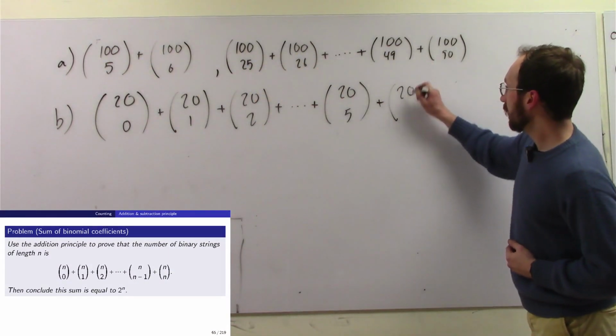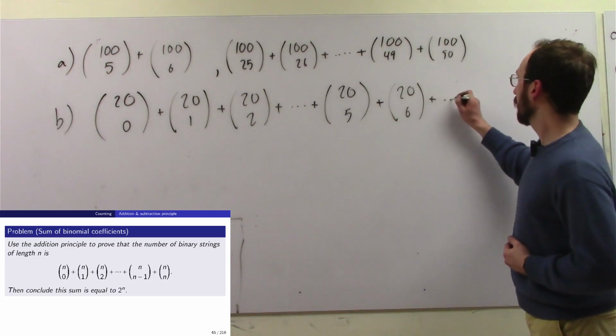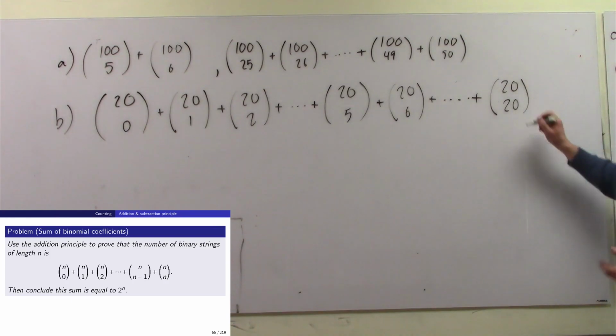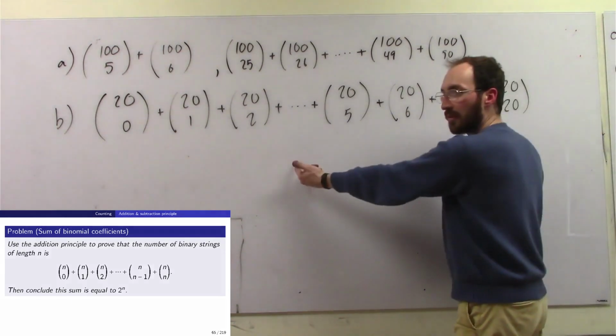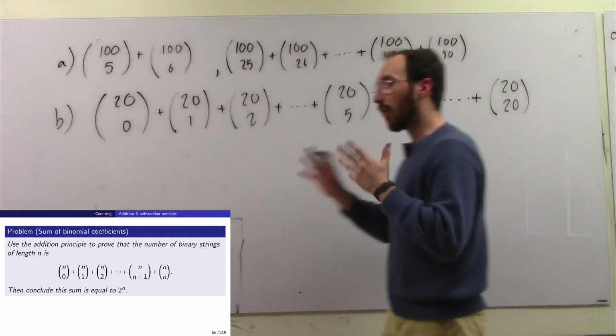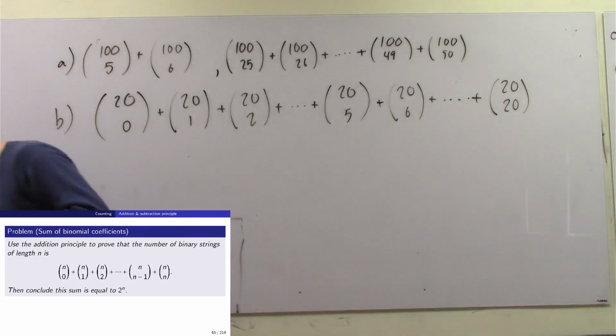Keep adding, up until I went all the way to 20 choose 20. All of these just count how many zeros I've decided to put in my string. If I add all of these up, then I have the count of all binary strings.